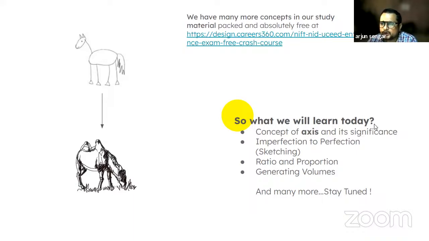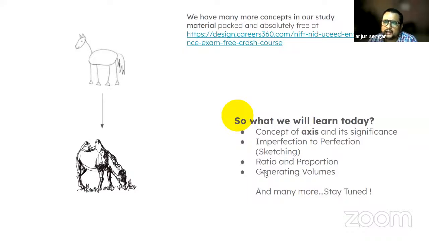What we will try to learn today will be the concept of axis and its significance. Please try to take a screenshot of it because one by one I will be talking about these topics. First we will understand the significance of an axis. Axis is something along which an object is positioned. Suppose we say the axis is a backbone. Secondly, we are aiming for imperfection in drawing.